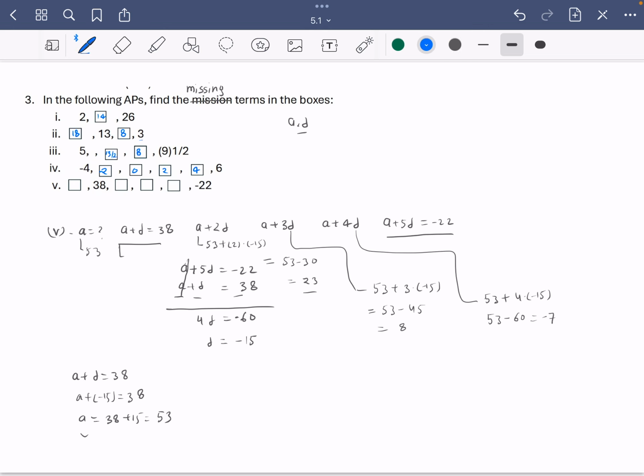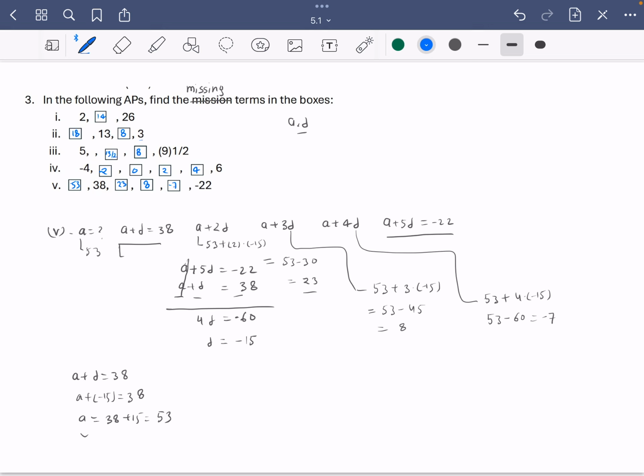So the values are going to be a, which is 53, a plus d is 38, a plus 2d, the third term, is going to be 23. The next is going to be 8, then negative 7 and negative 22.